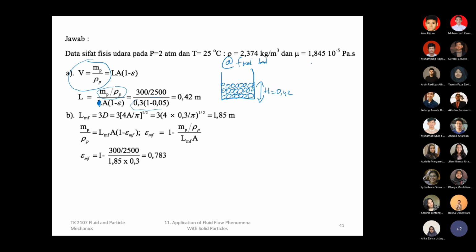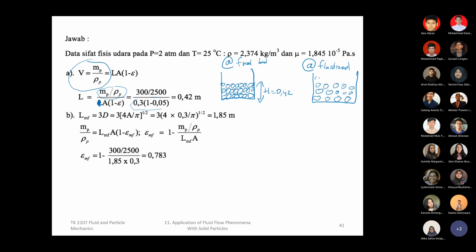Okay, but it could be different when it's already become fluidized. That's not a good picture. So maybe it's already less dense, but the amount of the particle should be the same, right?